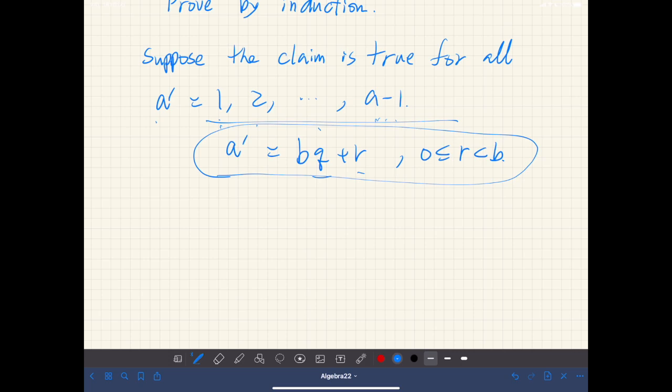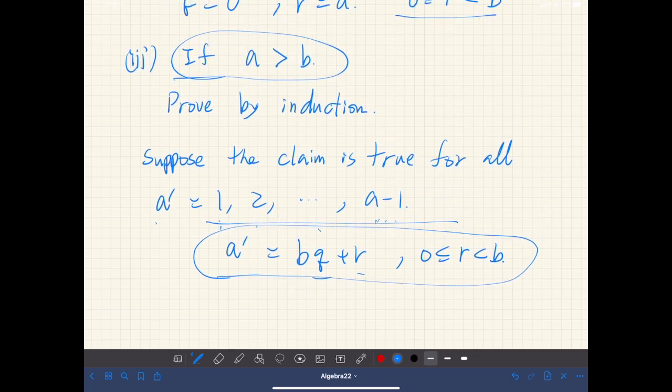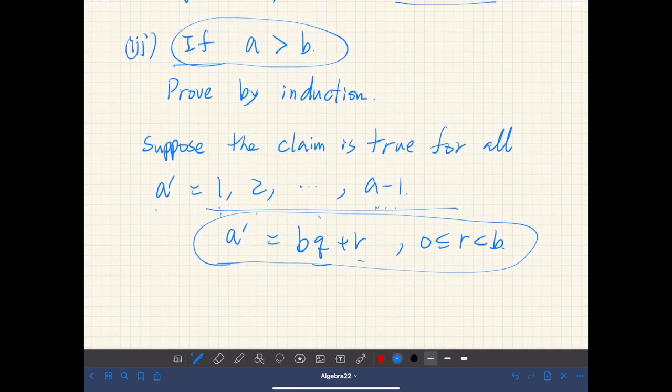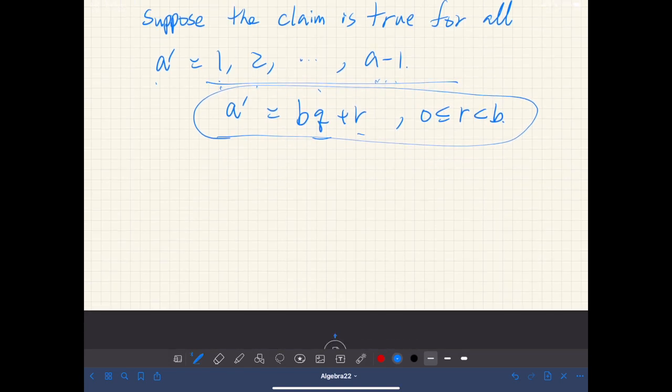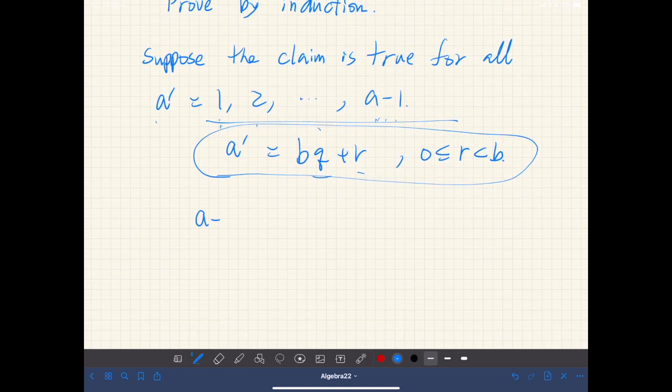Now, since we're assuming a is greater than b, a minus b is less than a, and a minus b is greater than or equal to 1. So that means for this number, a minus b, we can apply the induction hypothesis.